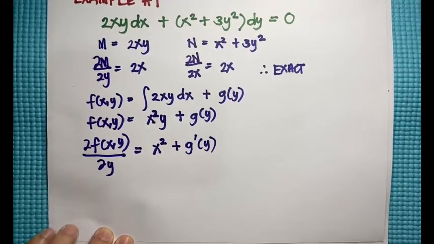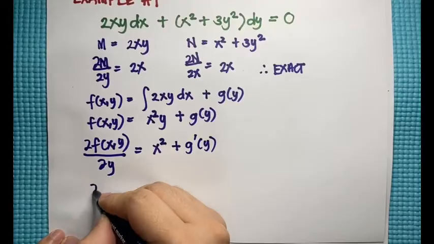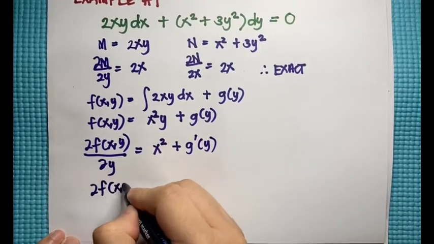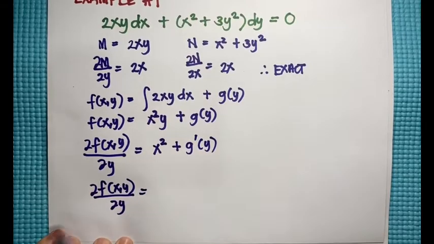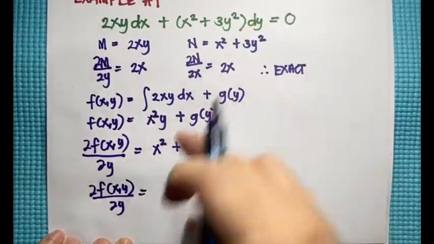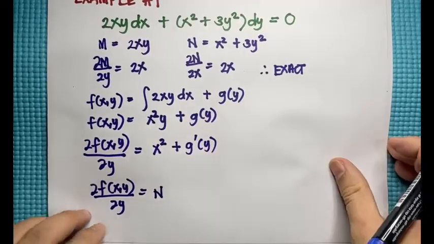Okay, so now that we have the partial derivative of f of x, y with respect to y, since what we've used is m, we're going to equate this one with n.